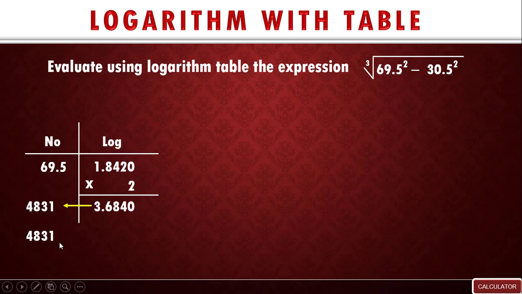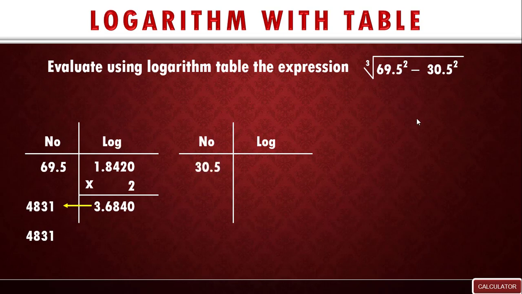We've gotten the answer to that particular one, and then the next one is to do the one of 30.5 square. Draw your number log and then put in the number 30.5. Okay, so ask yourself the question: is this number greater than 1 or less than 1?